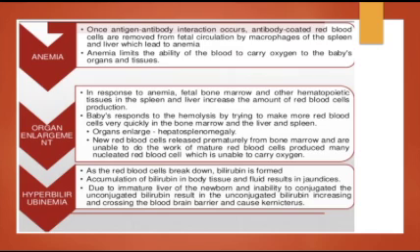In response to anemia, fetal bone marrow and other hematopoietic tissues in the spleen and liver increase red blood cell production. Babies respond to the hemolysis by trying to make more red blood cells very quickly in the bone marrow, liver, and spleen. Organs start to enlarge, so it causes hepatosplenomegaly.